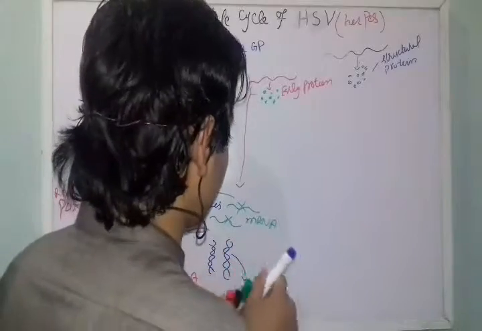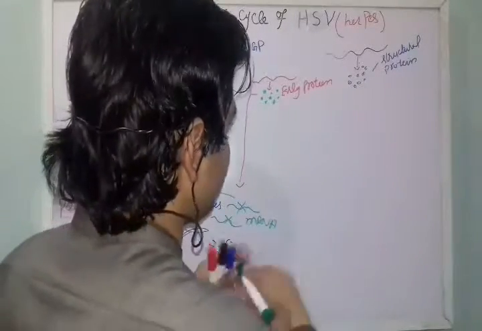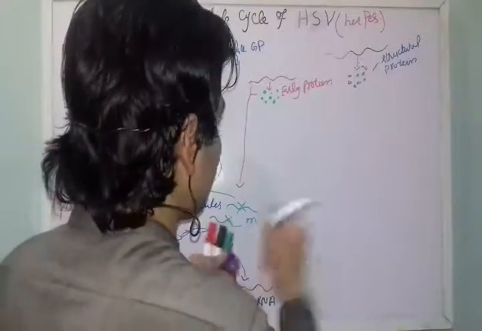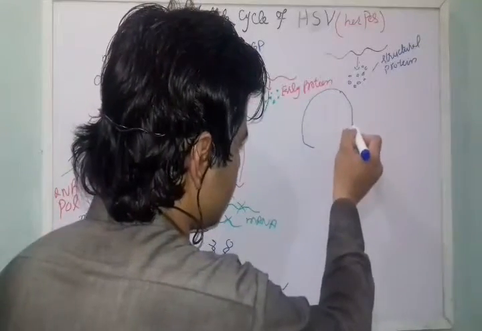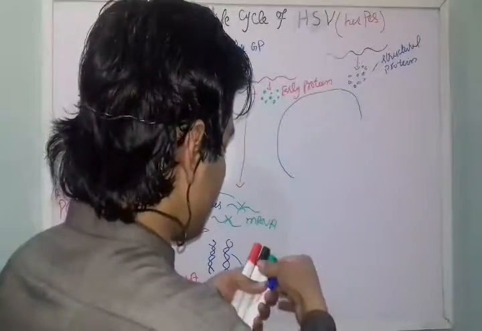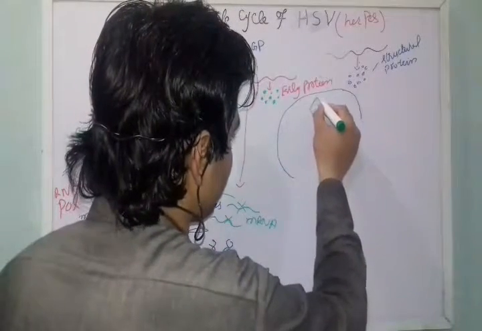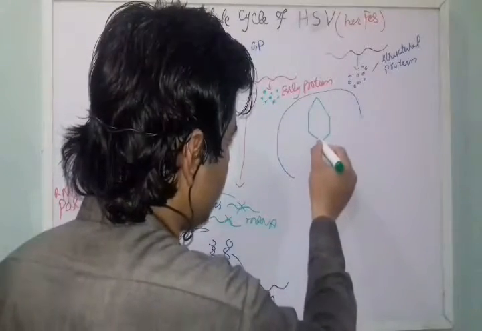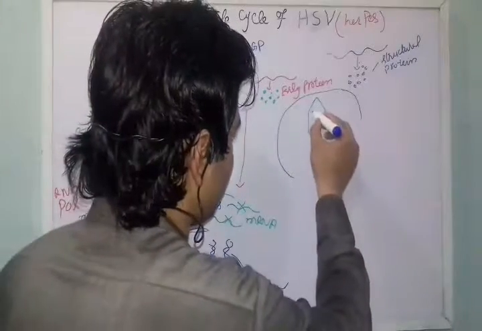So how will it look? It will look like just like that. Let's suppose this blue area represents the nucleus, and here is the virus, not the complete virus, just the capsid portion and the nucleic acid.